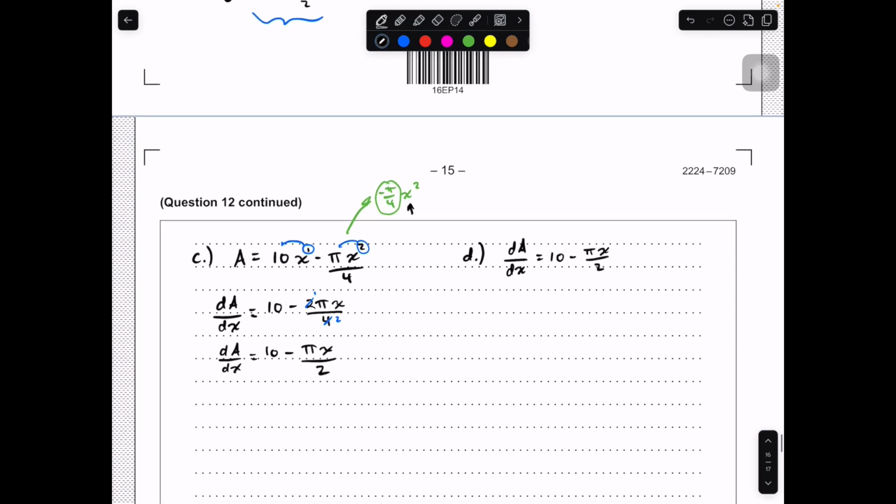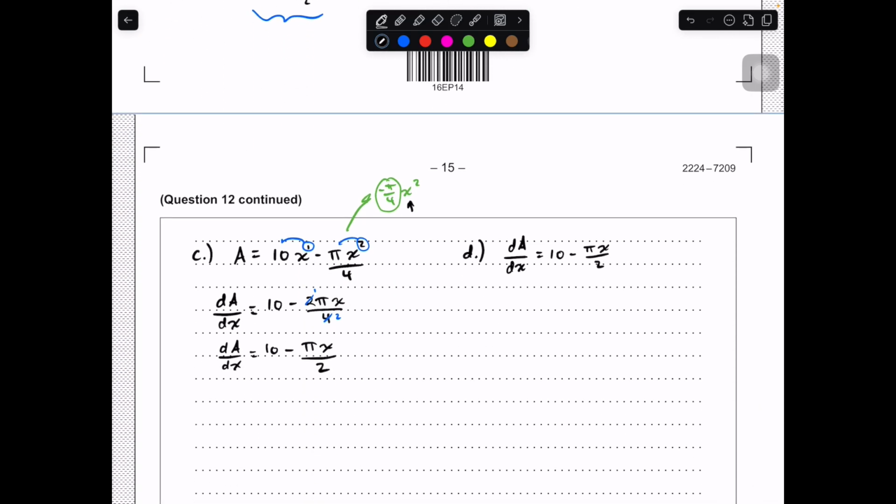Yes, 10 minus πx over 2. And if we look at our original function right here, this 10x minus πx² over 4, these are just numbers, and this is just a number as well. We have this x raised to the power of 2, which means that it's going to be some kind of quadratic, and maybe it looks something like this or so.